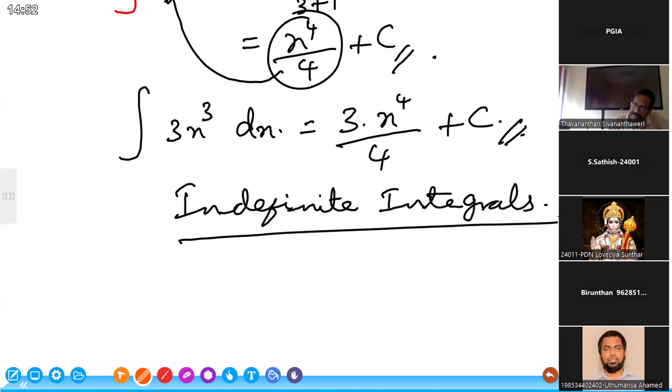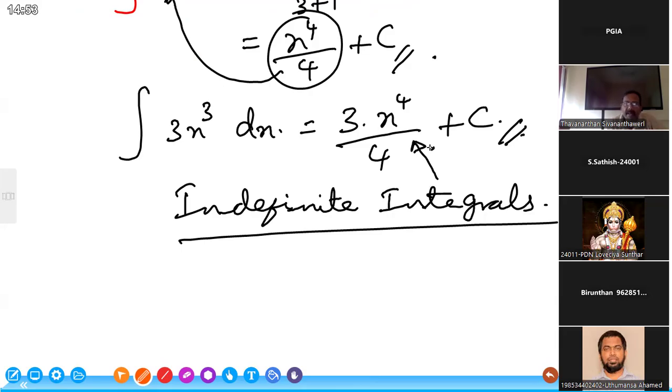So these are called indefinite integrals. What is an integral? Integration is the process. Integral is the product, like derivative. So these integrals are called indefinite integrals.